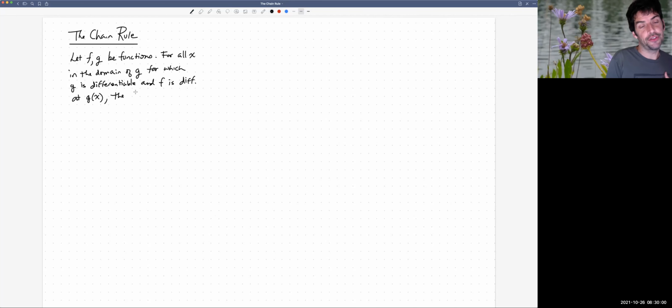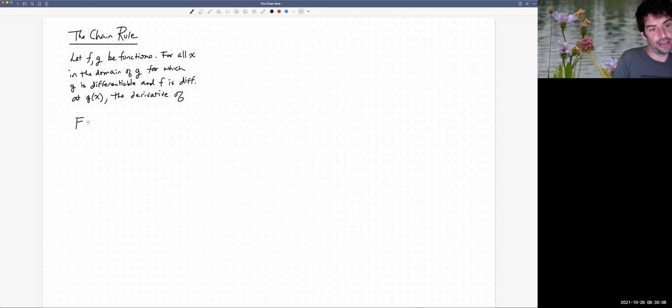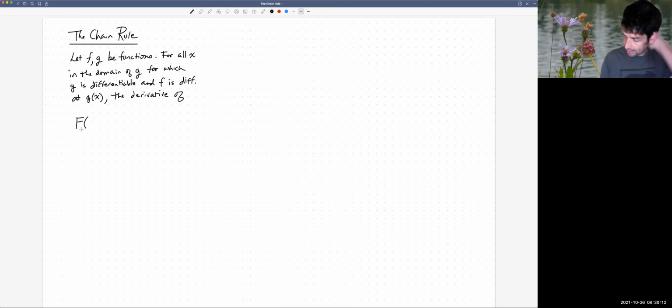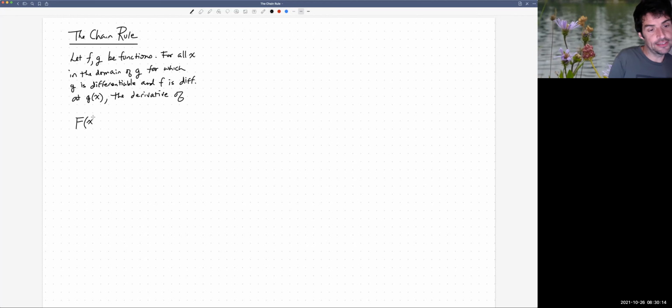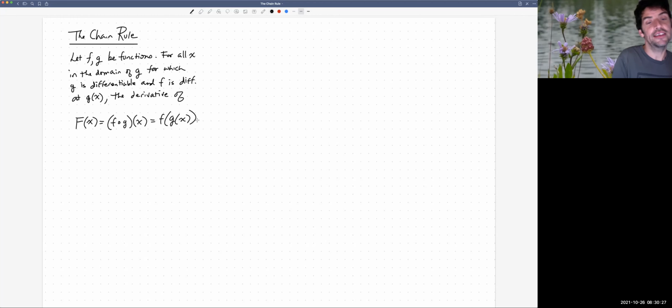The derivative, so in this, we have all this, the derivative of the composite function, so I'm going to call this capital F. Capital F of x will be defined as the composition, right? f composed with g, which we know to be f of g of x.